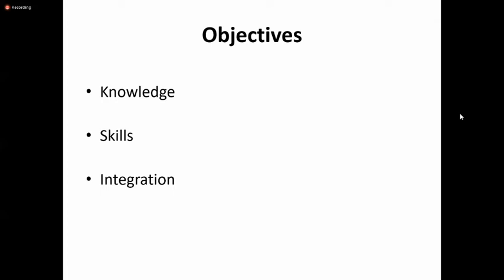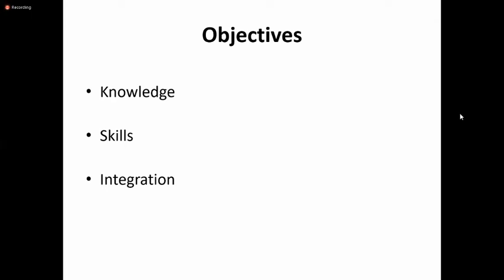So, objectives. We want you to learn some information to get sufficient knowledge, and also to get some skills of various diagnostic methodologies, skills of various biochemical tests, skills of examination, skills of history taking, skills of communication.